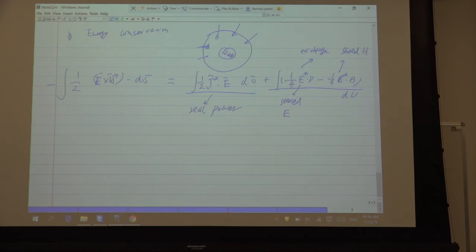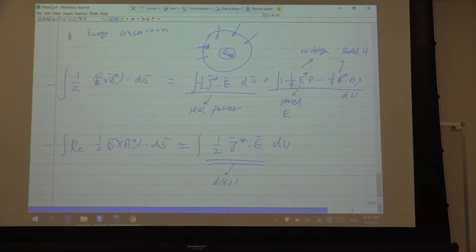If I write this equation in the real part, it's just something like this. This is the real part, the real power. So here we can understand this dissipative power.